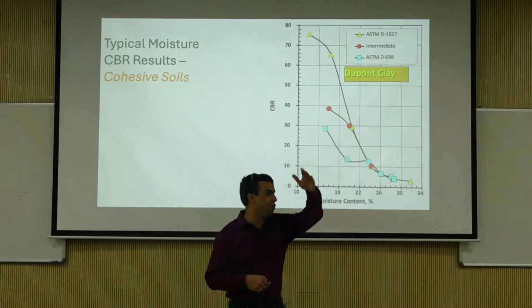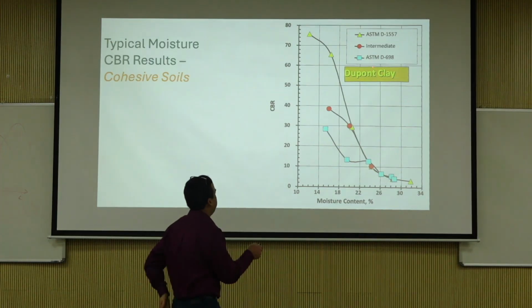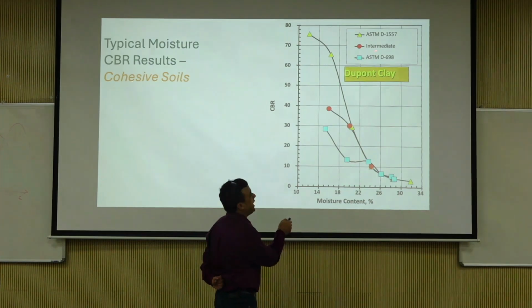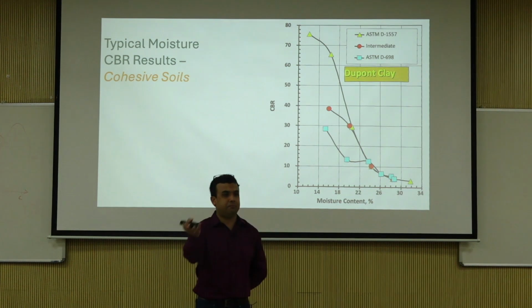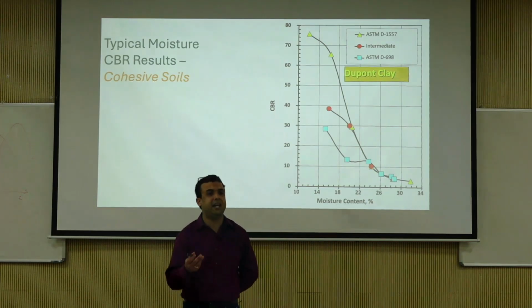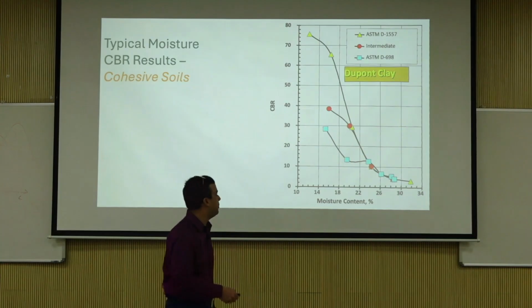So a lot of times you change the compactive effort just to study. In this study, by I think Professor Thompson, he developed an intermediate compaction. If modified is, say, 5 layers and standard is 3 layers, he just made a 4-layer sample. So that's intermediate compaction, somewhere in the middle.